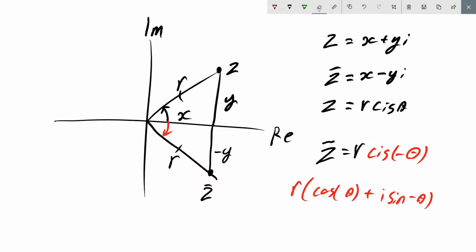So this is the same as cosine theta. When you put a negative angle in sine, the value changes to a negative. And that corresponds to our Cartesian form. See that the y value is actually the only thing that is changing here.